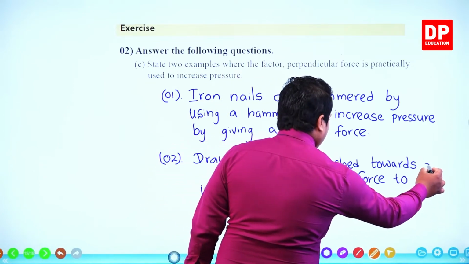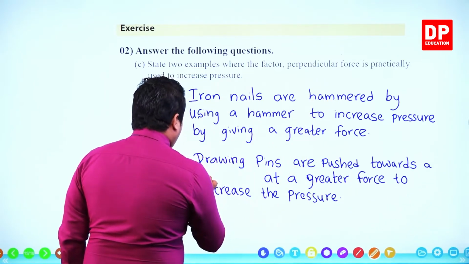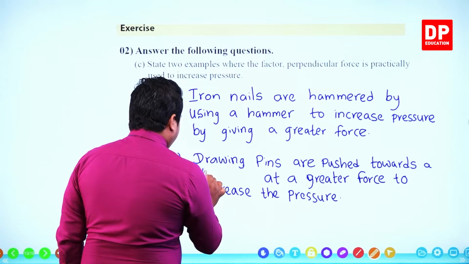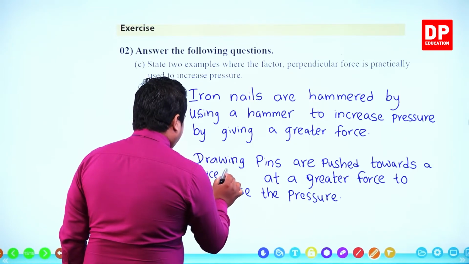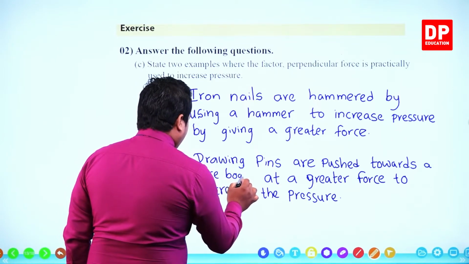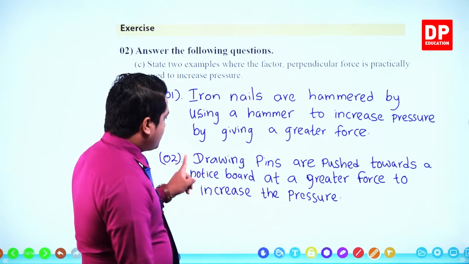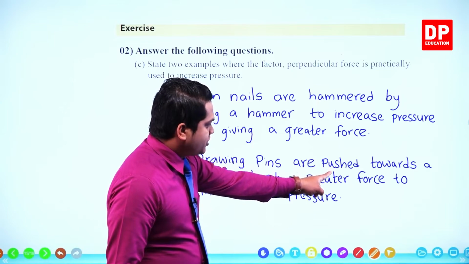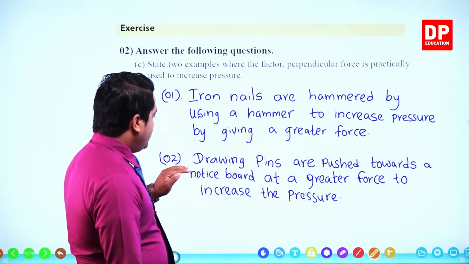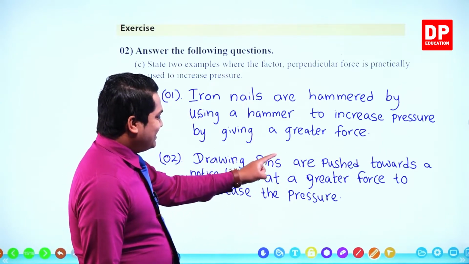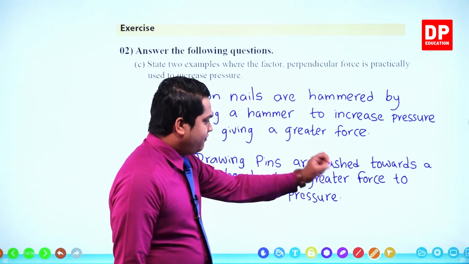So, drawing pins are pushed towards a notice board at a greater force.